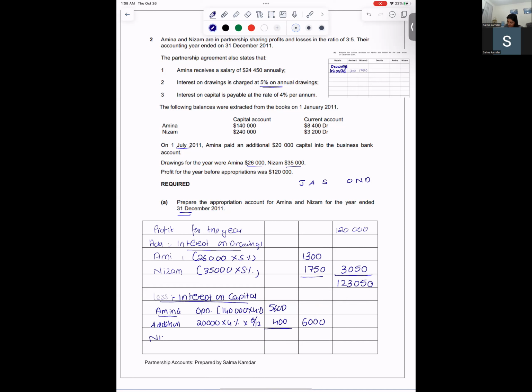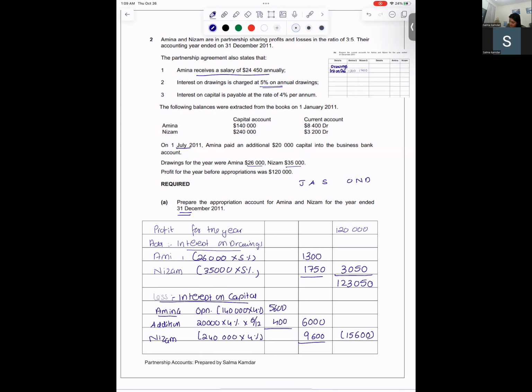And for Nizam, it would be 240,000 into 4%, which comes up to 9,600. So the total interest on capital is 15,600. What else is there?